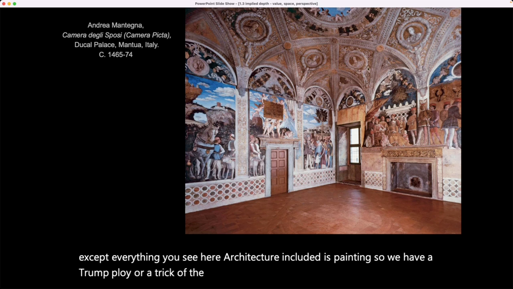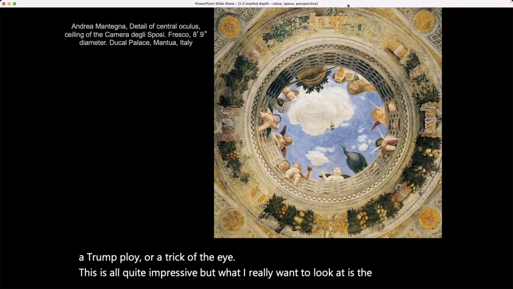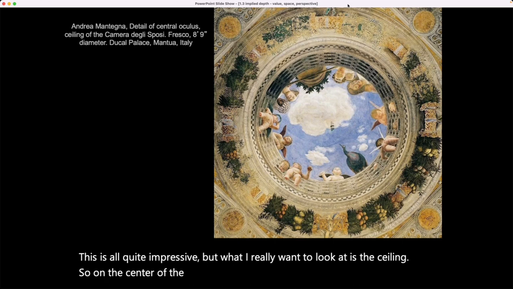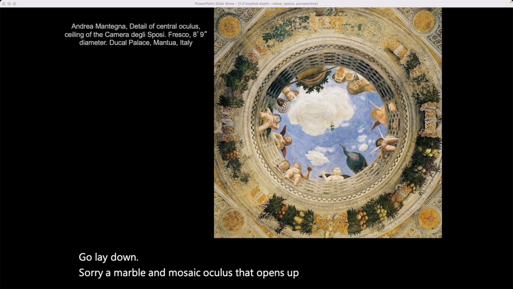And this is all quite impressive, but what I really want to look at is the ceiling. So on the center of the domed ceiling, Mantegna has depicted a marble and mosaic oculus that opens up to this blue sky.